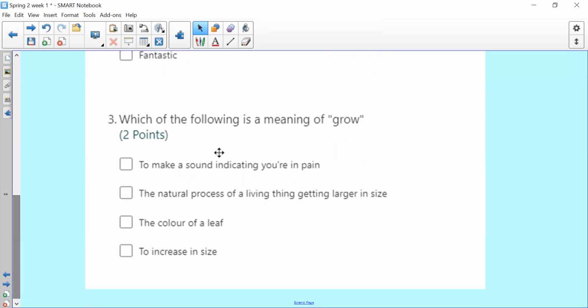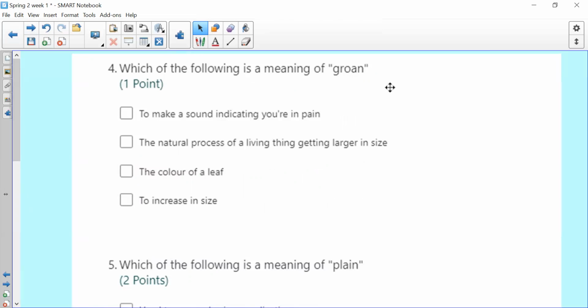And there's number 3. Which of the following is a meaning of grow? Now our spelling word is grown, the past tense, but as long as you know the root word meaning, that's fine. Grown, remember, cover them up first. Look and see if it's there.